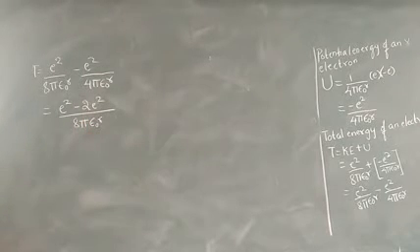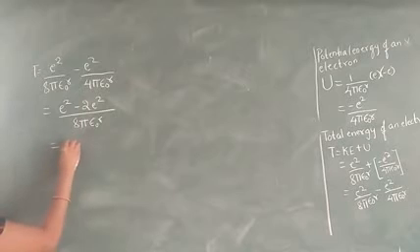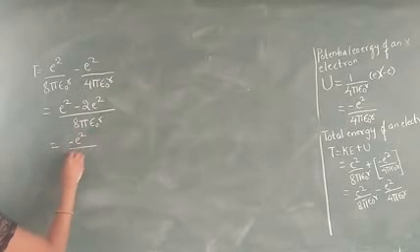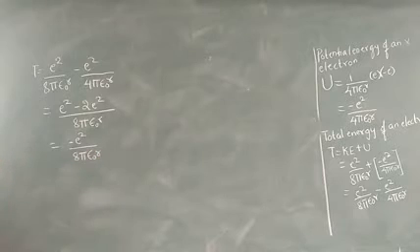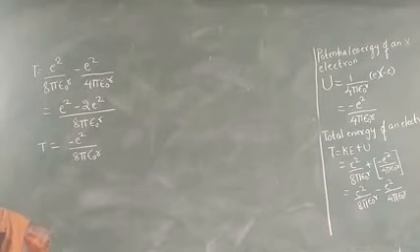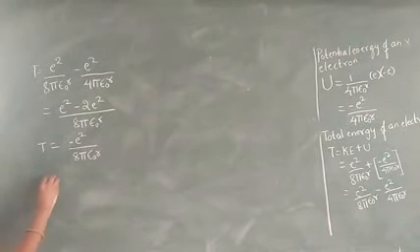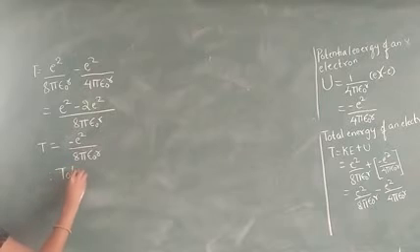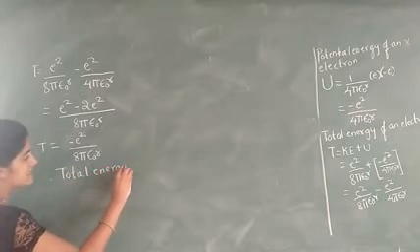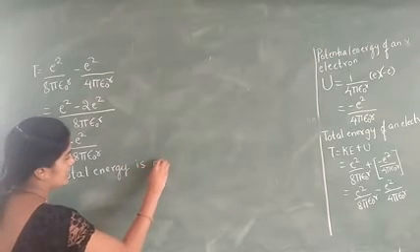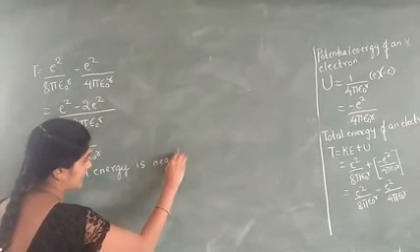Now e square minus 2e square is minus e square divided by 8 pi epsilon naught r. Therefore, the total energy is equal to minus e square divided by 8 pi epsilon naught r. Therefore, the total energy is negative.